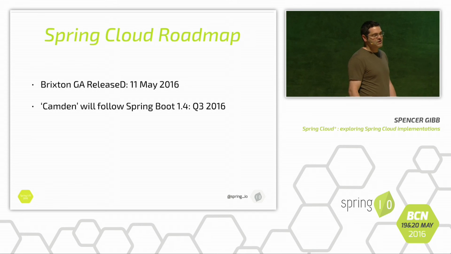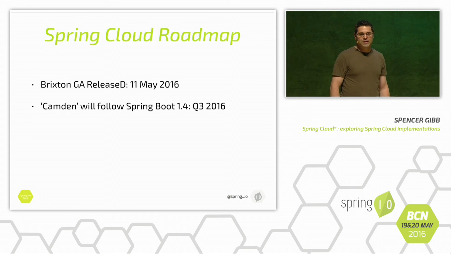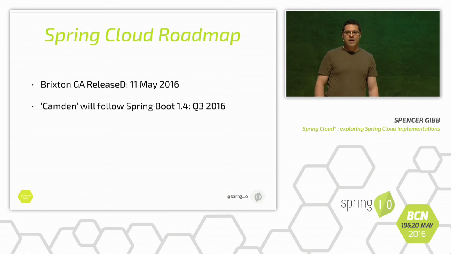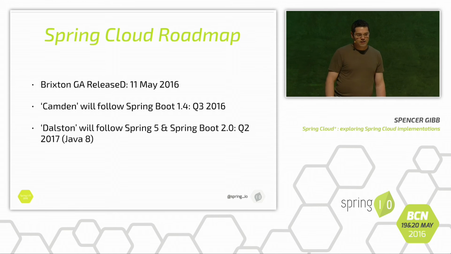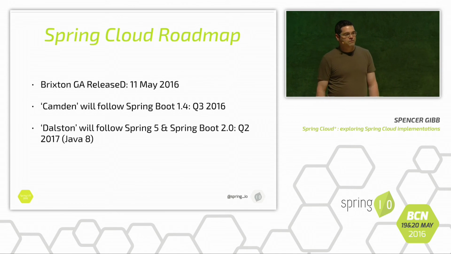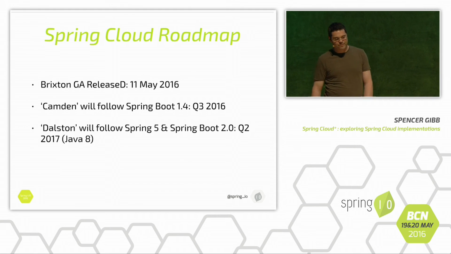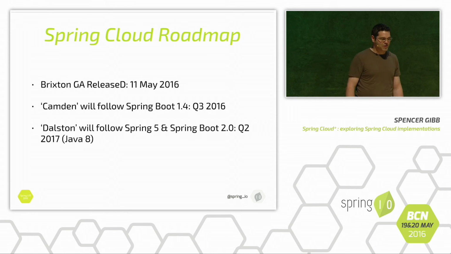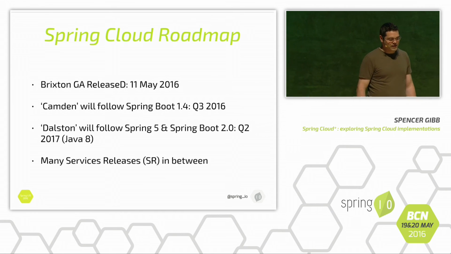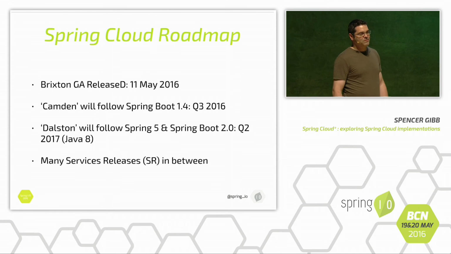Our release trains are named. A Camden release will follow sometime after Spring Boot 1.4. Then we'll have another release that will follow Spring 5 and Boot 2 sometime next year. Again, Java 8 and all that niceness will come along with it. And we'll have a number of service releases in between.